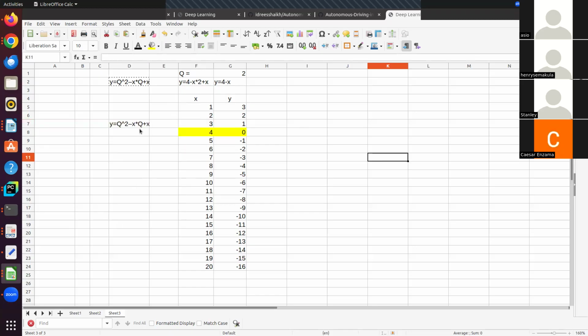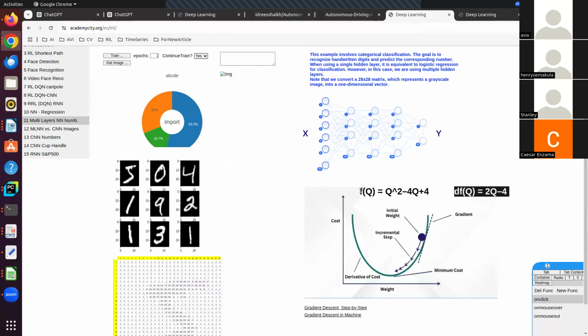Pay attention that if x is 4, we're getting this equation. That's why I marked this one. If x is 4, this equation is exactly what we see here. F(q) is q squared minus 4q plus 4.